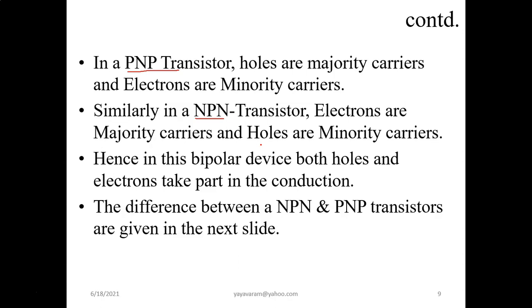Here I will add one general information. Remember, if a student is given one NPN transistor and one PNP transistor, normally we have to prefer the NPN transistor. The NPN transistor is more suitable because in the NPN transistor majority carriers are electrons, and as electrons have more mobility and more speed, the transistor switching speed will be very high when compared to a PNP transistor.